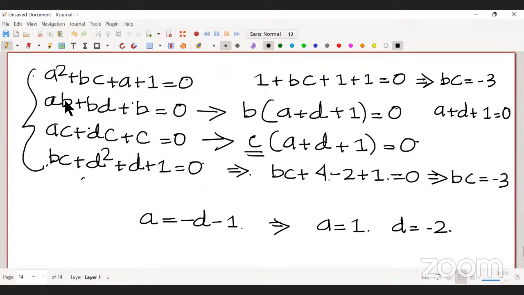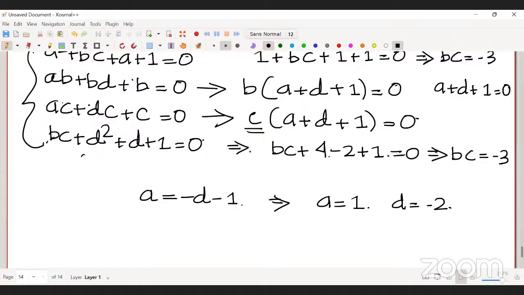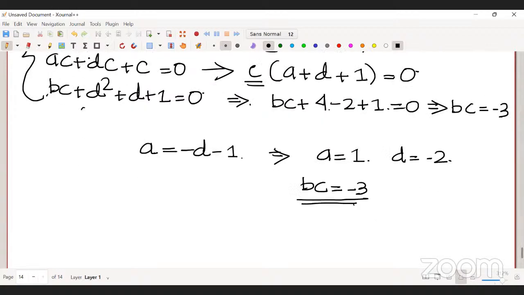Okay. So we have guessed some values, A equal to 1 and D equal to -2, and we are getting BC equal to -3. Now we just need to guess some values of B and C so that this satisfies the condition. Let's say you take B to be 1 and C to be -3.